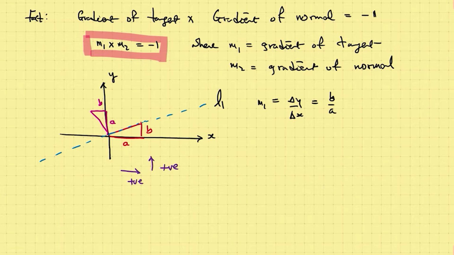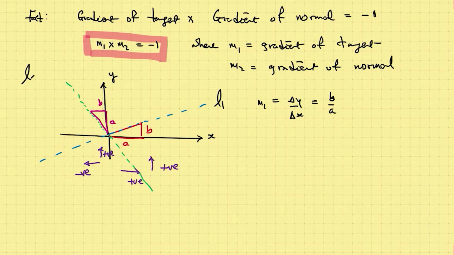But in the second case, we're moving to the left and up. So one of them is positive, but the other one is negative, right? So the gradient in that case will be negative, which is reassuring because the line is going to be pointing sort of downwards in that direction. So what do we have for line L2?